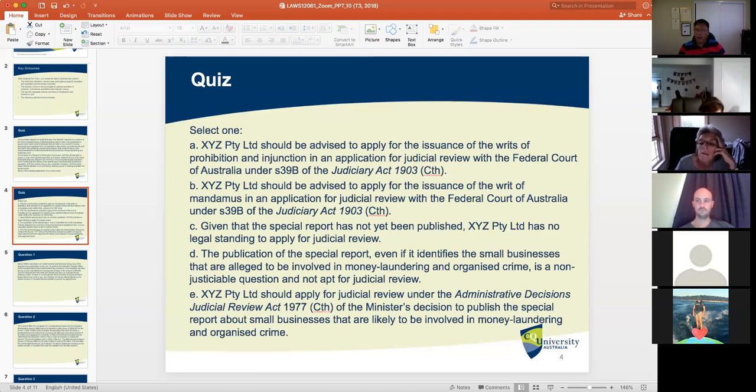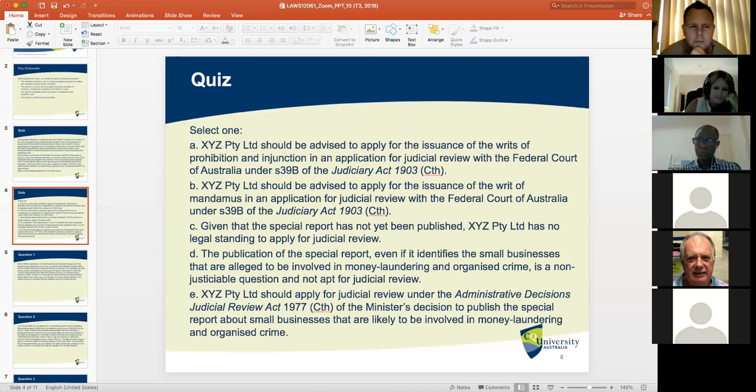Okay, but why prohibition and why injunction? When are these remedies available in the first place? Kayla, yes. It's because prohibition corrects a legal error before something occurs.